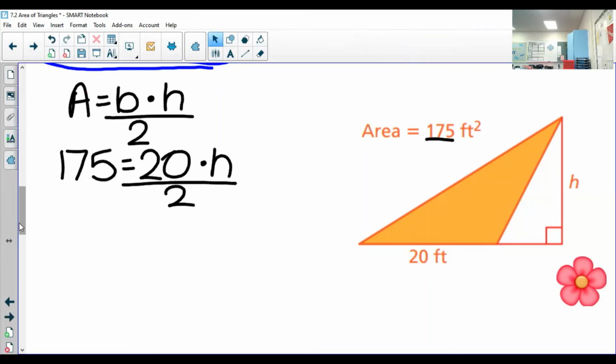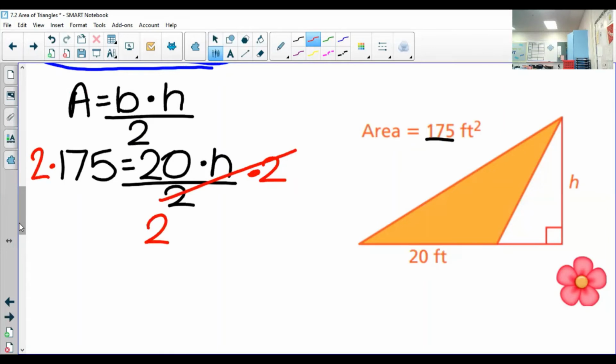So step 1, get rid of the fraction, which means we're going to times by 2 on both sides. The 2's cancel, so now I have 20 times h equals 175 times 2 is 350.